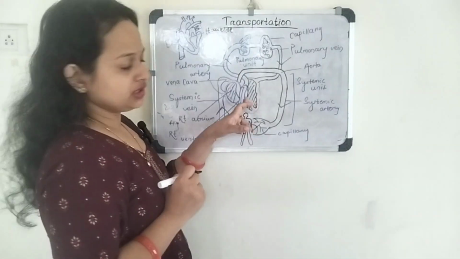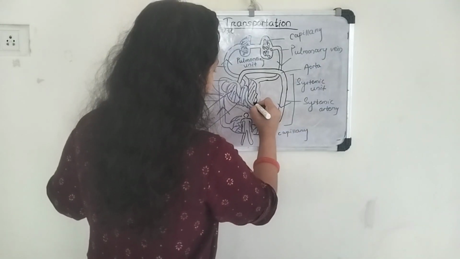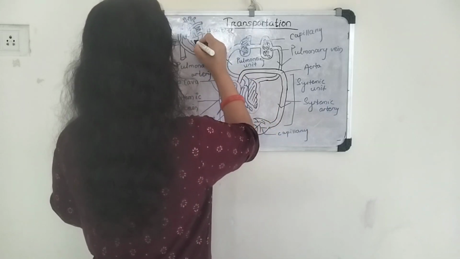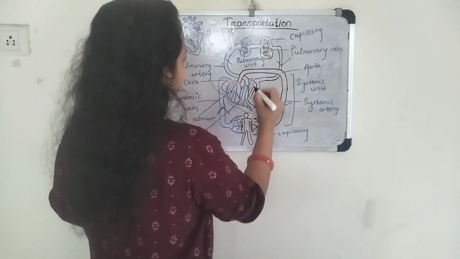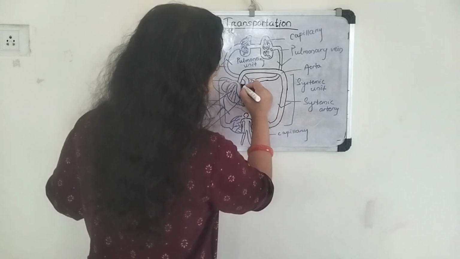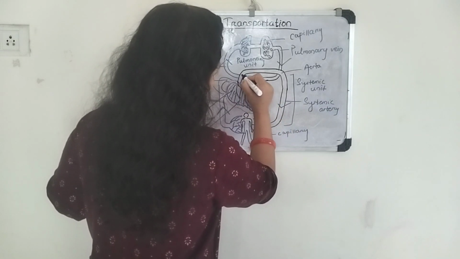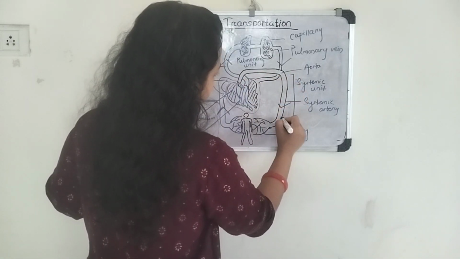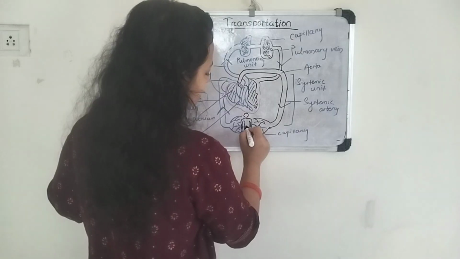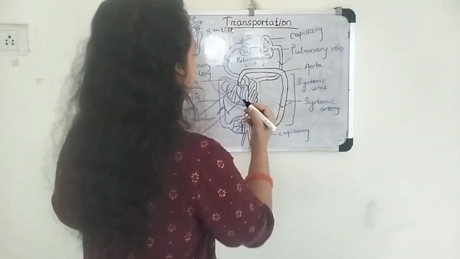After coming to the left ventricle, the blood goes to the aorta, and through the systemic arteries it goes to the different body parts for use.